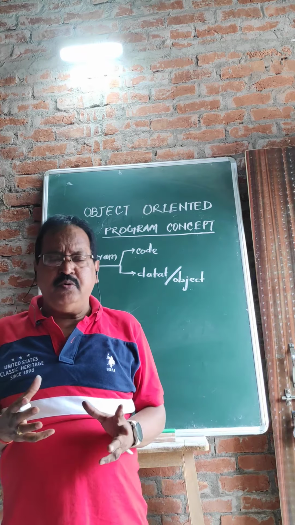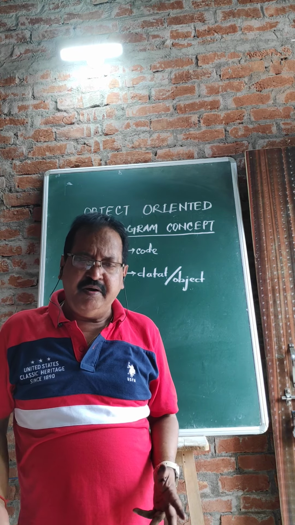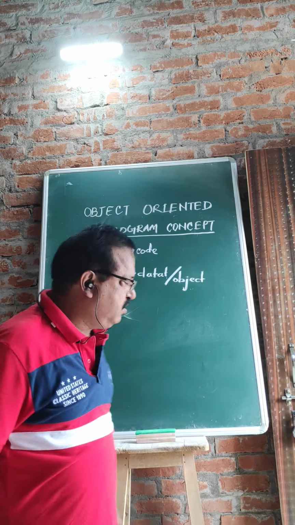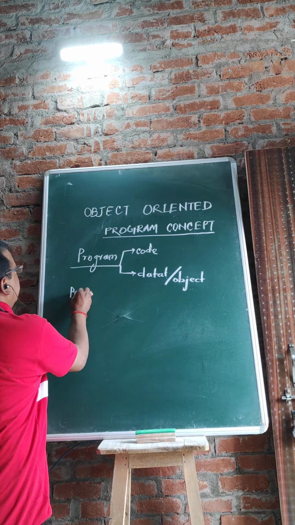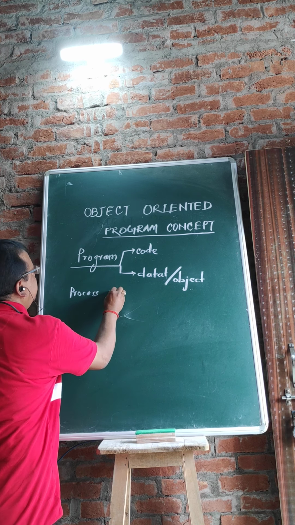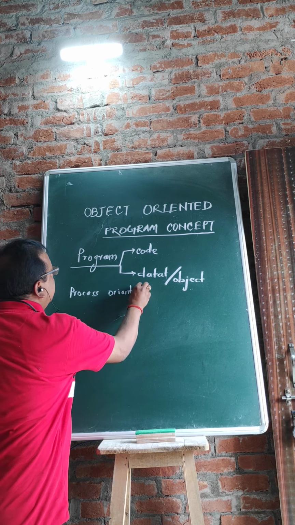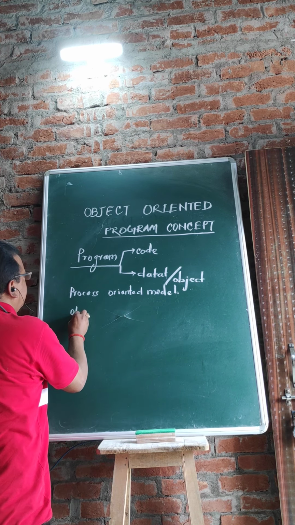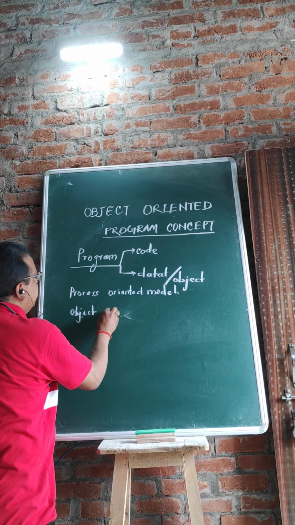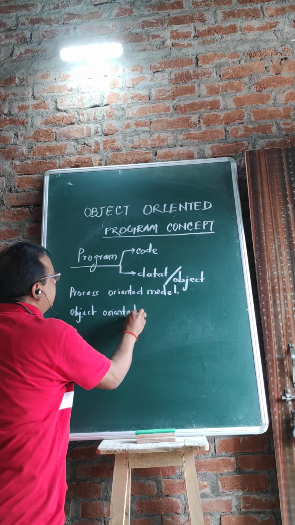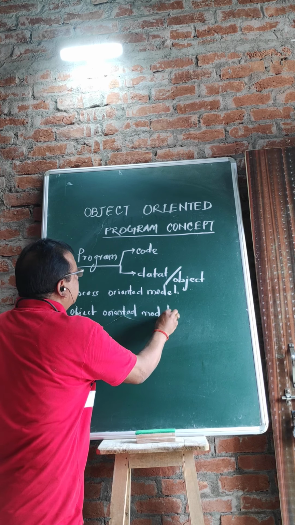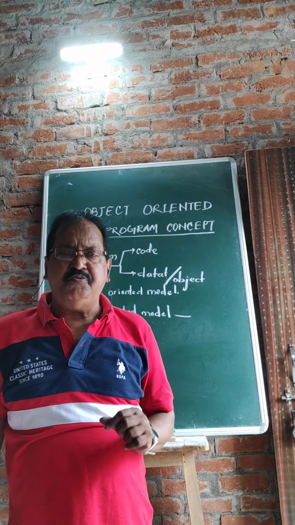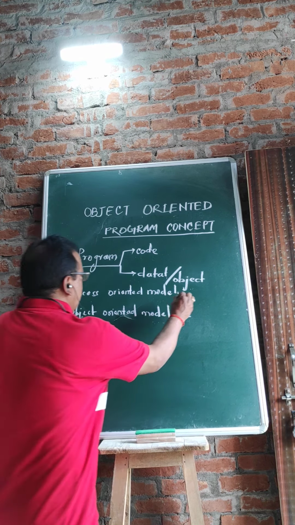Now, whatever programs that we see in the market or in the high-level languages or whatever we study, basically they can be grouped into two types. One is called process-oriented model, and another is object-oriented model. Students, in the process-oriented model, the program is conceptually organized around its code.